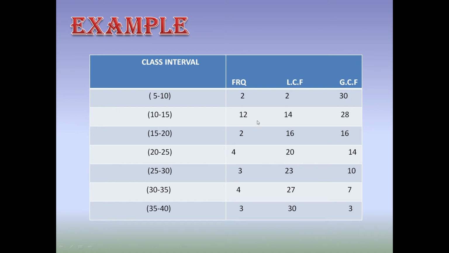Then we take more than 10. More than 10 means this 5 should not come under this one; the least value is 10. So these 2 people should not come under the greater than cumulative frequency. That is why I subtract these 2 from this 30. So 30 minus 2 is how much? 28.